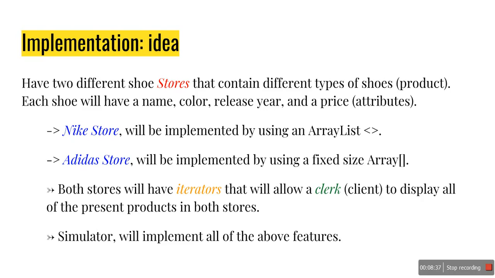Now, as I mentioned earlier, we'll have two stores. We'll have the Nike store, which will be implemented by using an array list, and in the array list we'll have the different shoes, and we'll have the Adidas store, which will be implemented by using a fixed size array. Both stores will have iterators that will allow a clerk, which is the client, to display all of the present products in both stores, and of course we will have a simulator which will implement all of the above features.